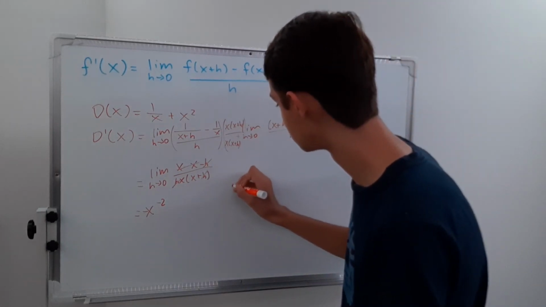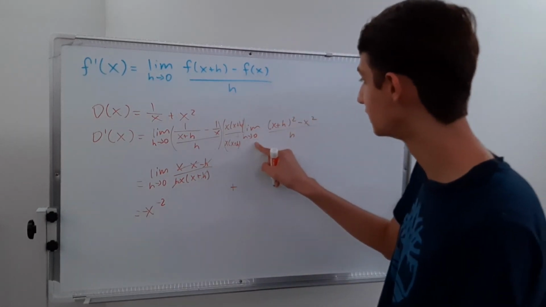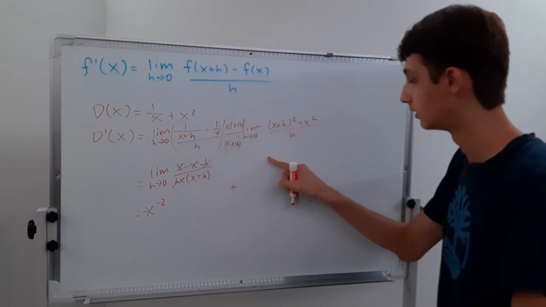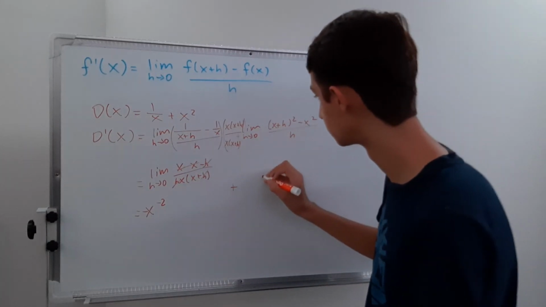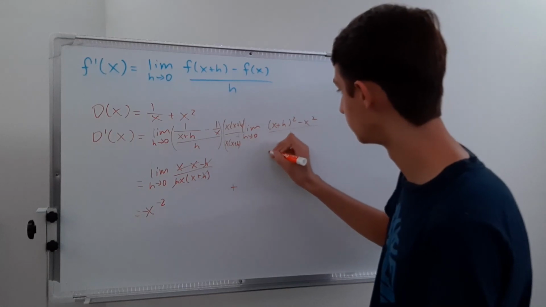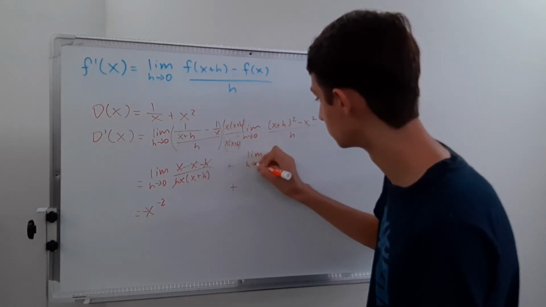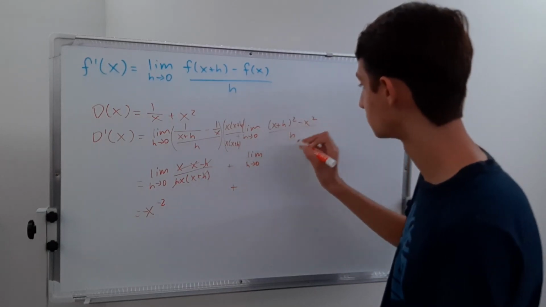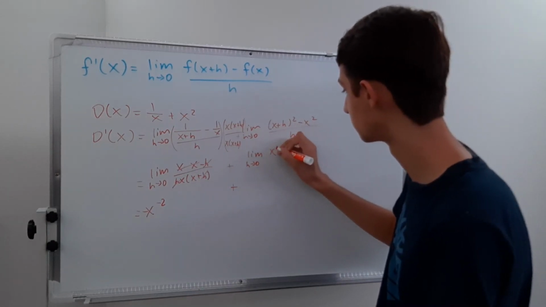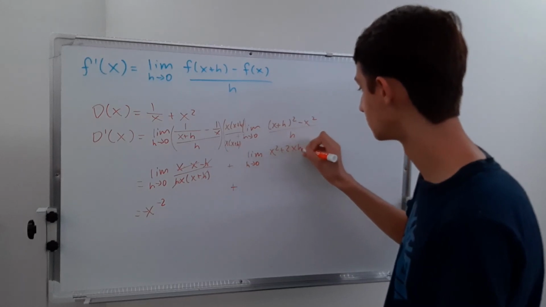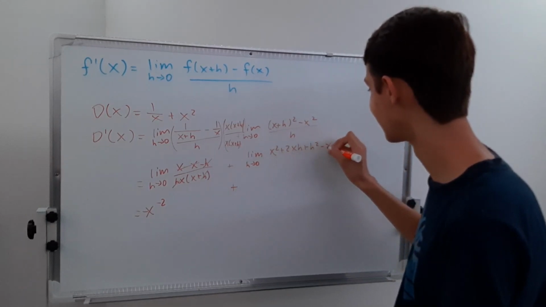And then we have this plus, limit as h approaches 0 of this. Well, this is just x squared, so we have the limit as h approaches 0 of x squared plus 2xh plus h squared minus x squared.